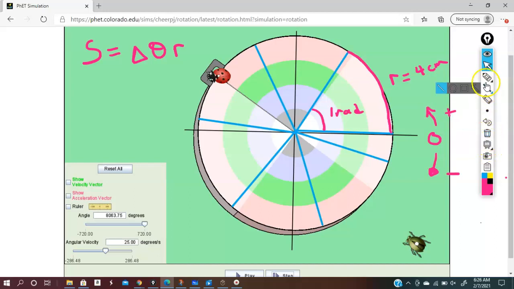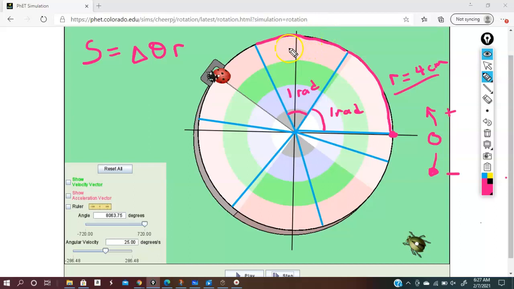All right, so the ladybug started right here and went all the way around to this point. Well, here was 1 radian, and that distance is 4 centimeters. That's how it's defined. From here over to here, that was 1 more radian. So here's another radian.